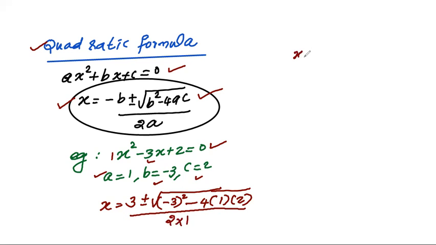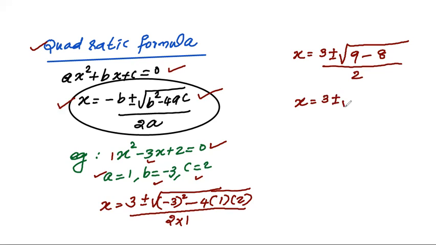So x = (3 ± √1) / 2. So x = (3 + 1)/2, then (3 − 1)/2.